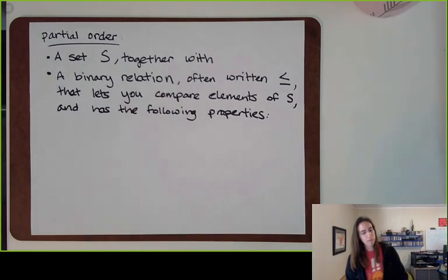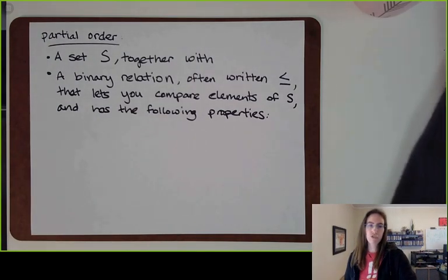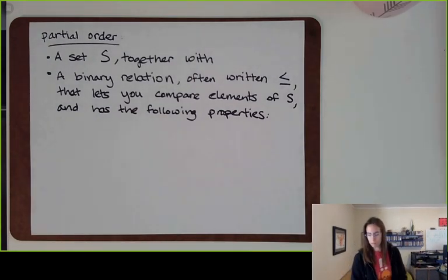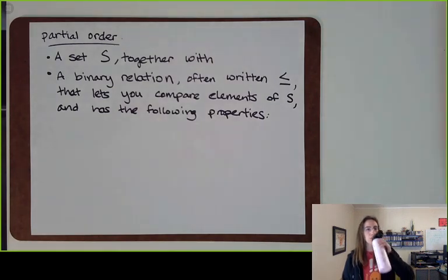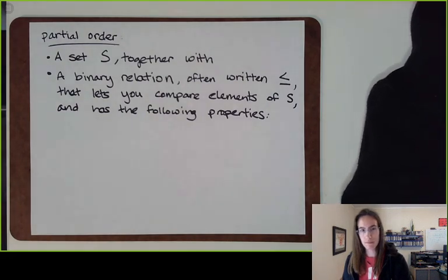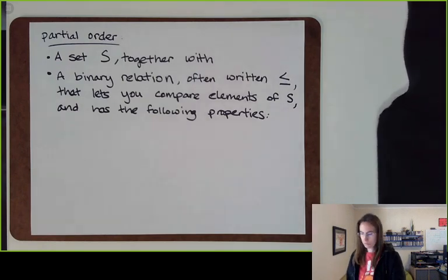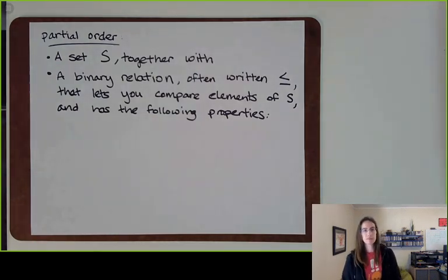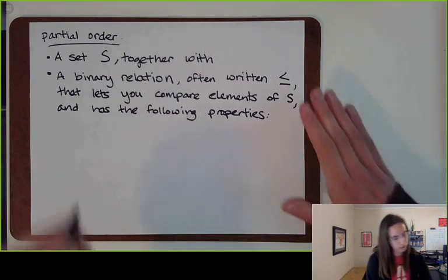Help me out here. What are the properties that the binary relation in a partial order is supposed to have? Anyone know? I'll give you the first one for free.